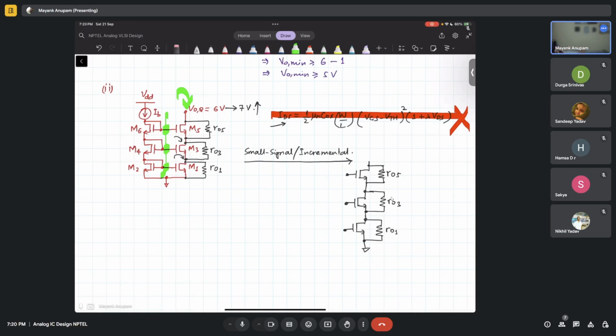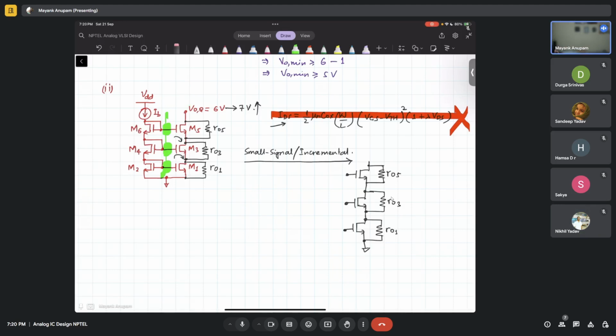So because of this, can the voltage change at the gates of all the three MOSFETs? Can that happen? No, I guess. That is not possible, right?